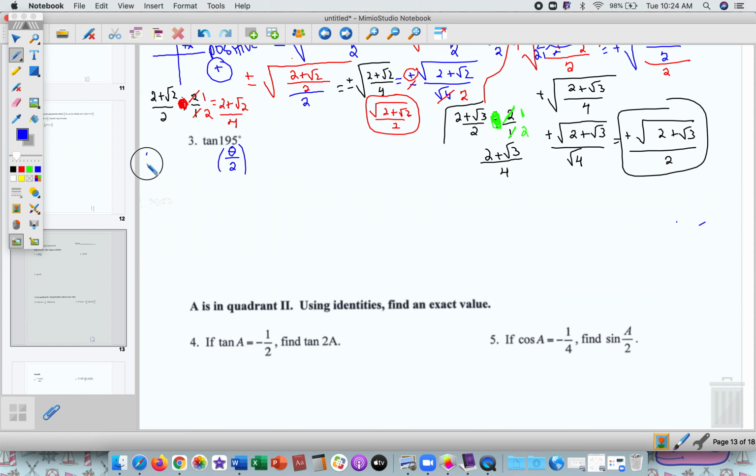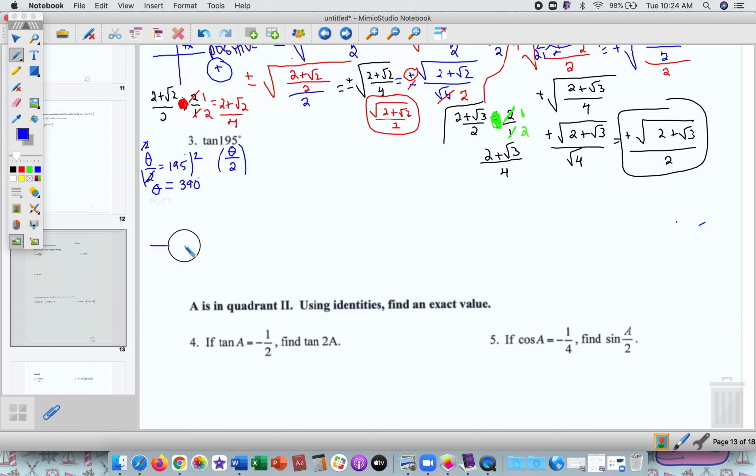If we're not sure, off to the side we can do theta over 2 equals 195. We can multiply both sides by 2, so the 2's cancel, and 195 degrees times 2 would get us 390 degrees.